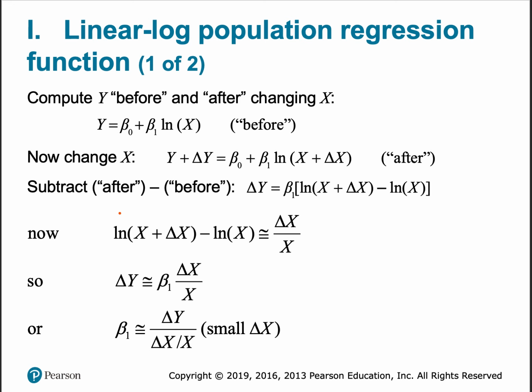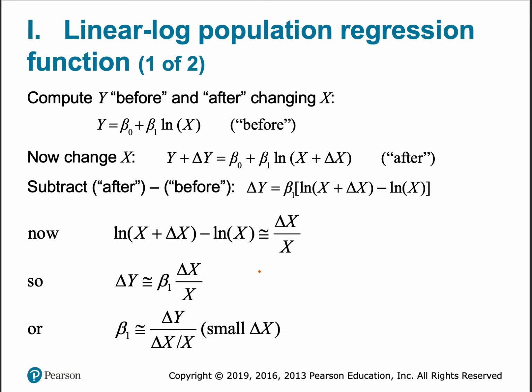Now, to identify the change in y, subtract after minus before. That subtracts y from the left-hand side. On the right-hand side, we are left with beta 1, and in brackets, the natural log of x plus delta x minus the natural log of x. As we showed before, that is approximately the change in x over x.